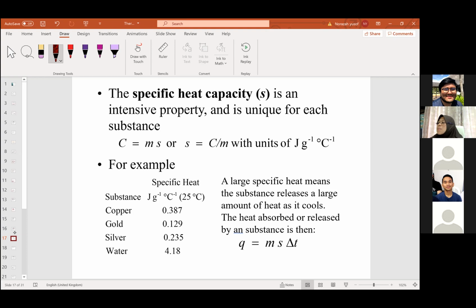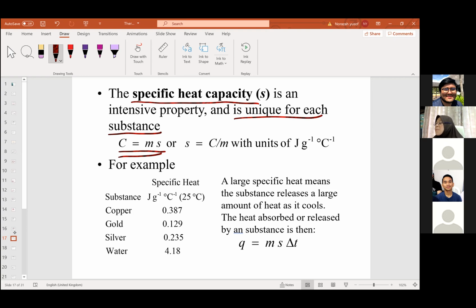And now this is specific heat capacity. It's unique. Just now it was just heat capacity, and you can run an experiment and calculate the heat capacity from the experiment. But now, specific heat capacity involves mass.